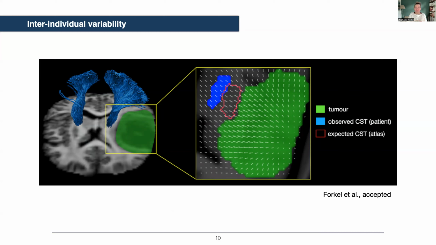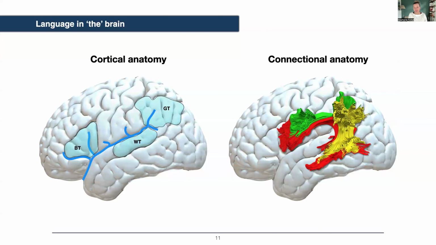What that image shows you is that if you were to trust an atlas, you would completely and entirely miss the corticospinal tract in this particular patient. So this is just a word of caution about using atlases without a personalized approach.